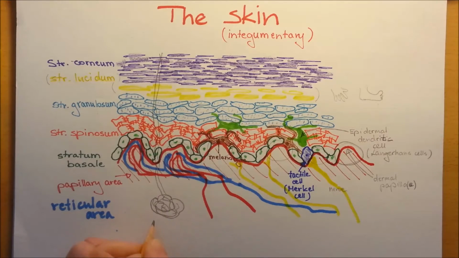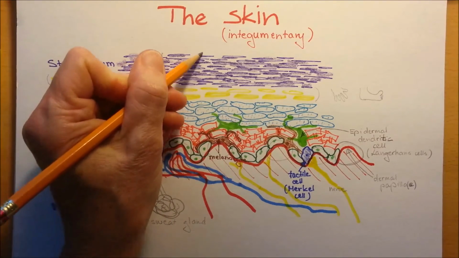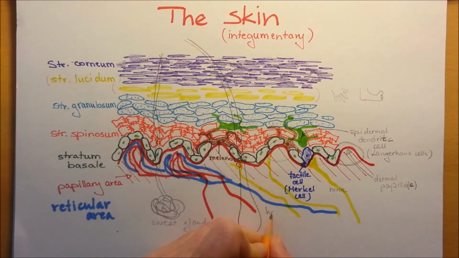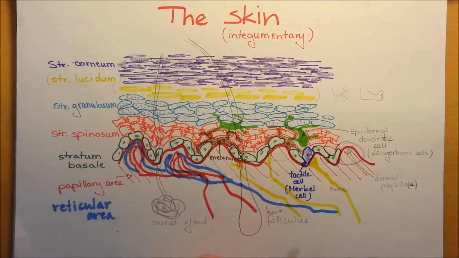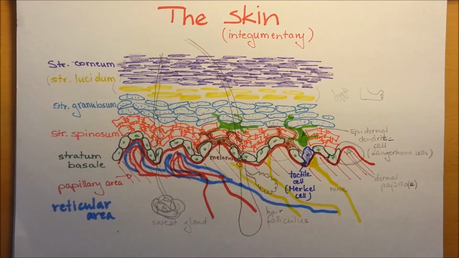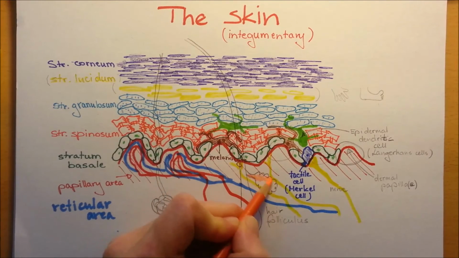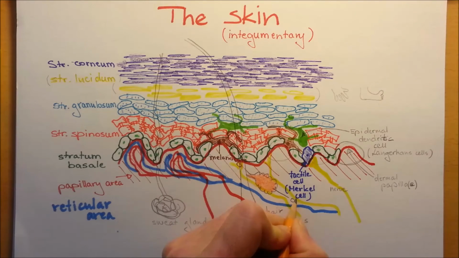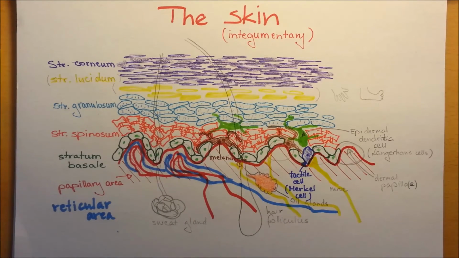The sweat gland is really important for temperature regulation, and also it excretes several materials. There are also the hair follicles that contain, next to them, adjacent, an oil gland. These are the glands for the skin.